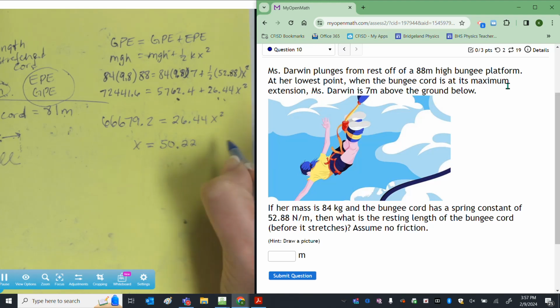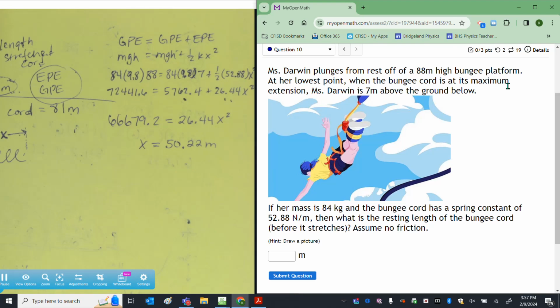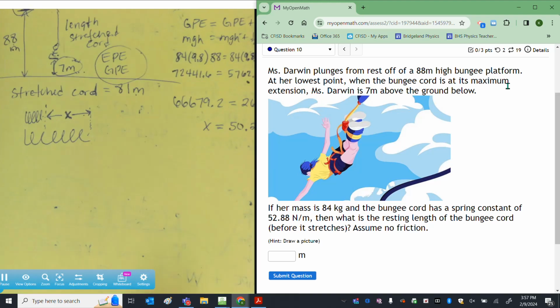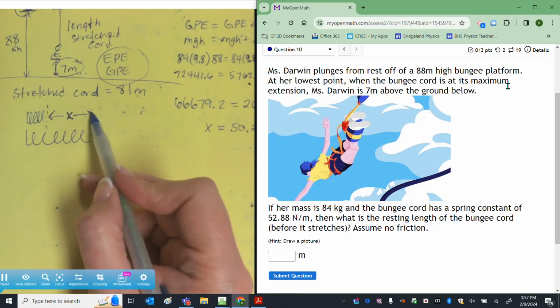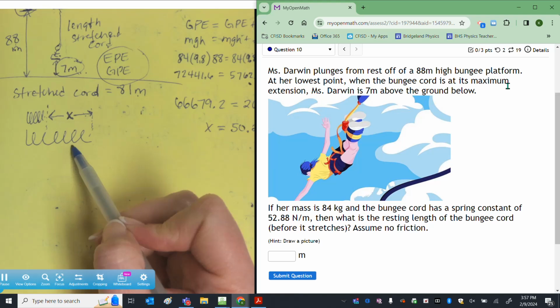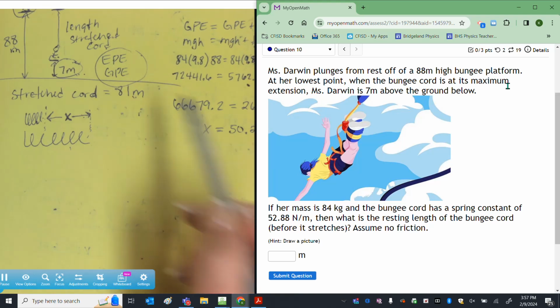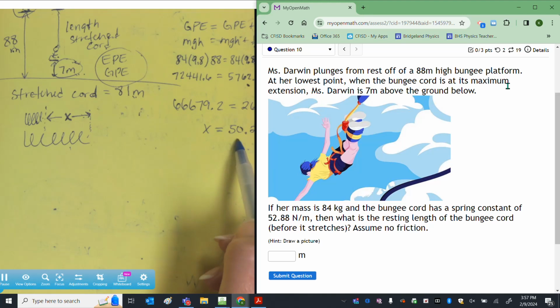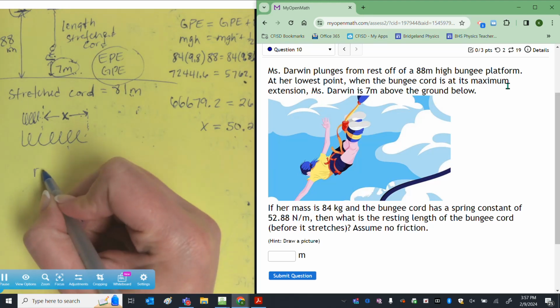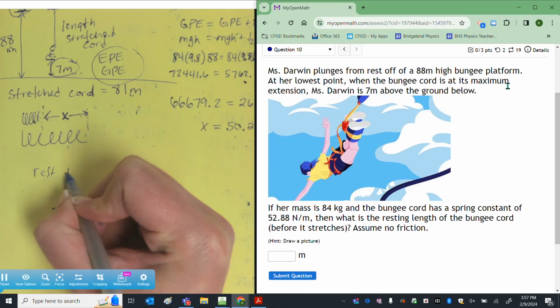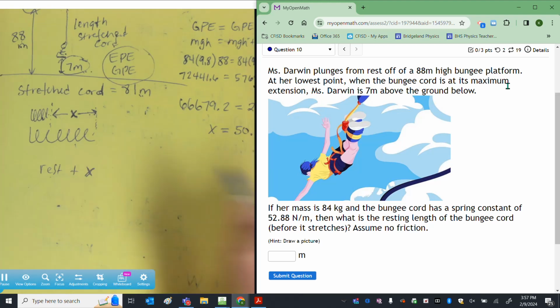That is not your answer. It doesn't ask for that. It asks what the resting length is. All we did was find how much the change was in the length before and after. I already know the after, 81 meters. It stretched by this much. So before that, again, the resting length plus the stretch, which I'm going to call x, equals the stretched length.